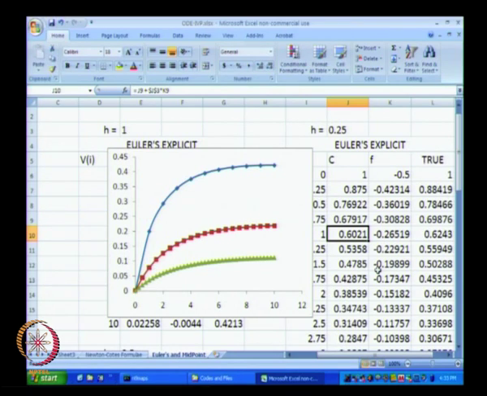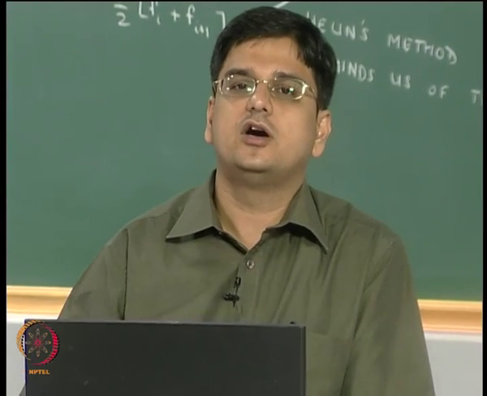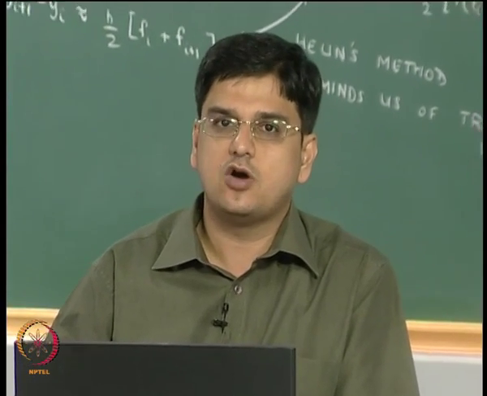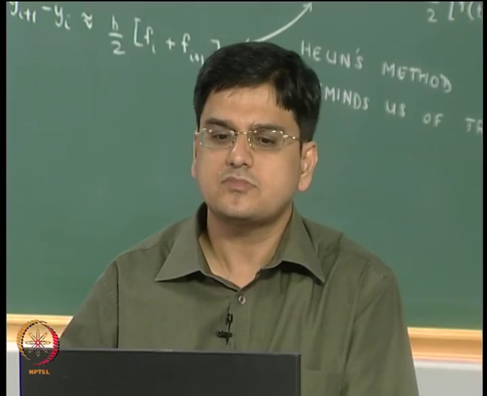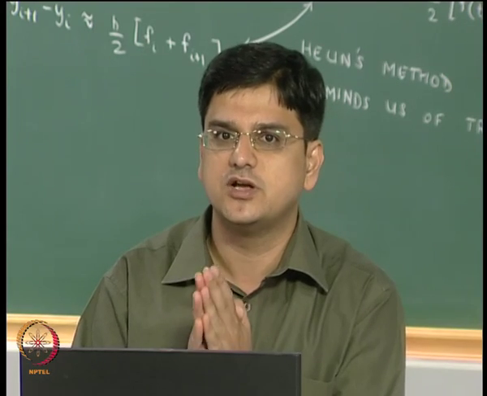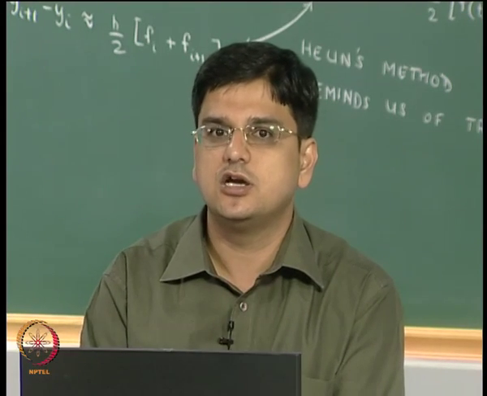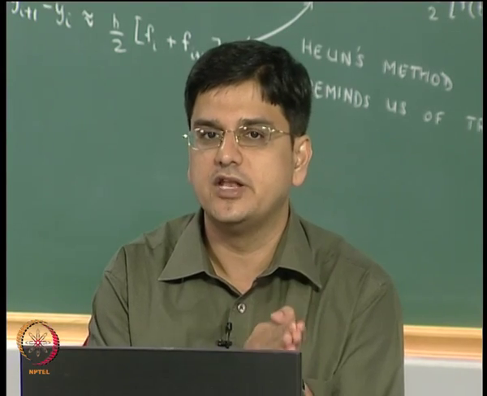Okay. So, this is now where we come to the end of this particular lecture of this module. What I am going to cover in the next lecture is I will go over these results for Euler's explicit method once over again, and show you how the overall errors are changing when we change our h value.